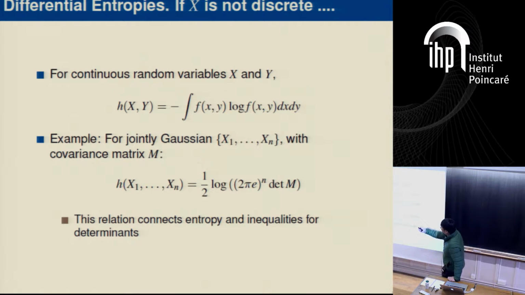Ignoring the scalar factor, this differential entropy is proportional to the logarithm of the determinant of the covariance matrix M. That is quite interesting. By exploiting this relation, we can see a connection between entropies and determinants. We'll see this in a later part of the tutorial.